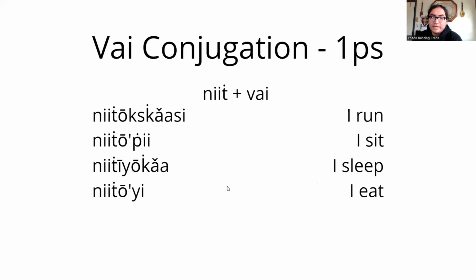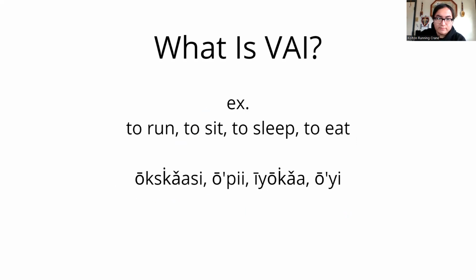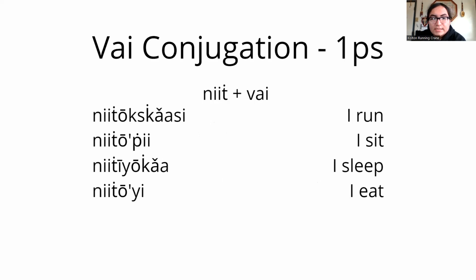Our first conjugation is the first person singular, which is me or I. What you do with this one is you take nit at the beginning and then you add your VAI, your verb. To say I run, you'd say nitokskase.